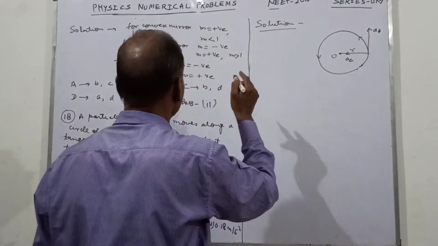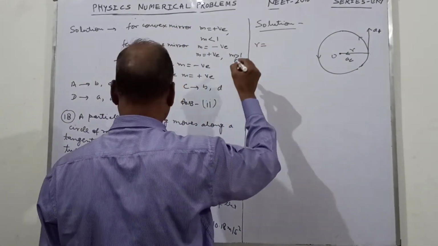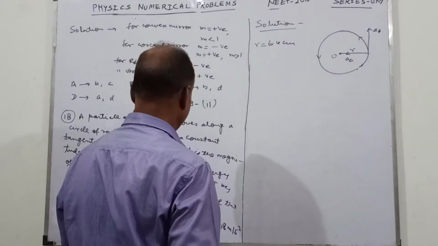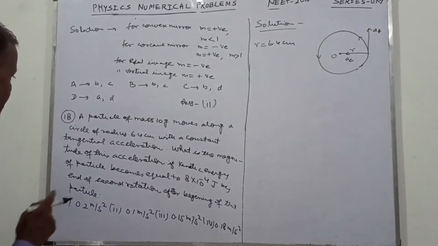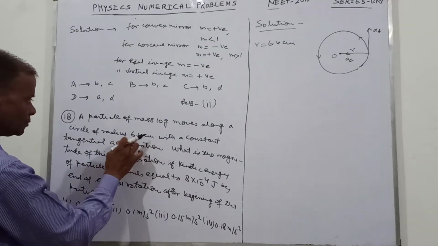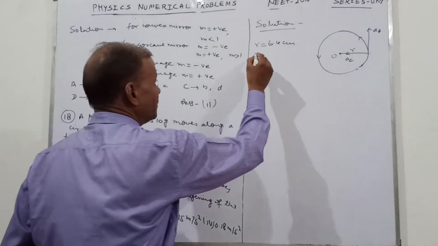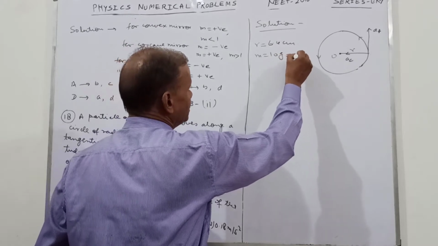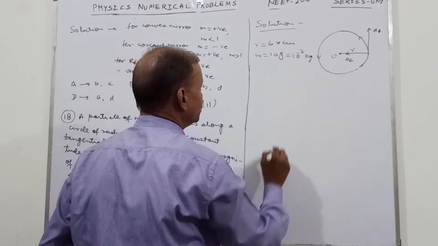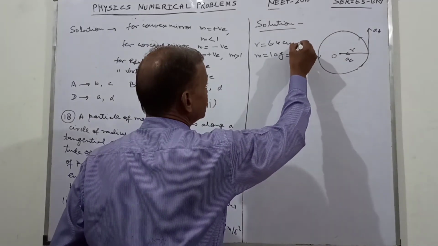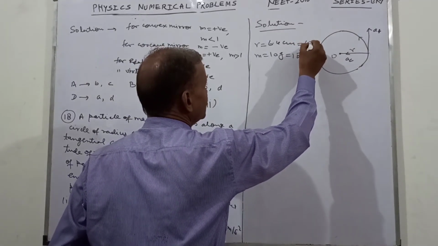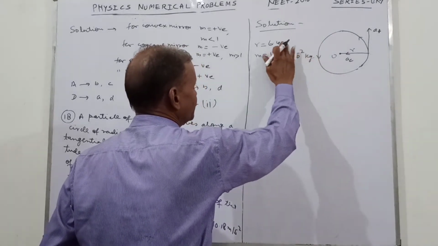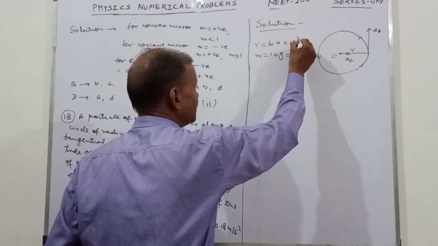You are given that r is equal to 6.4 centimeter, and the mass is given to be 10 gram. So this is 10 raised to the power minus 2 kilogram, and the radius is 6.4 centimeters, so this is 10 raised to the power minus 2 meter.